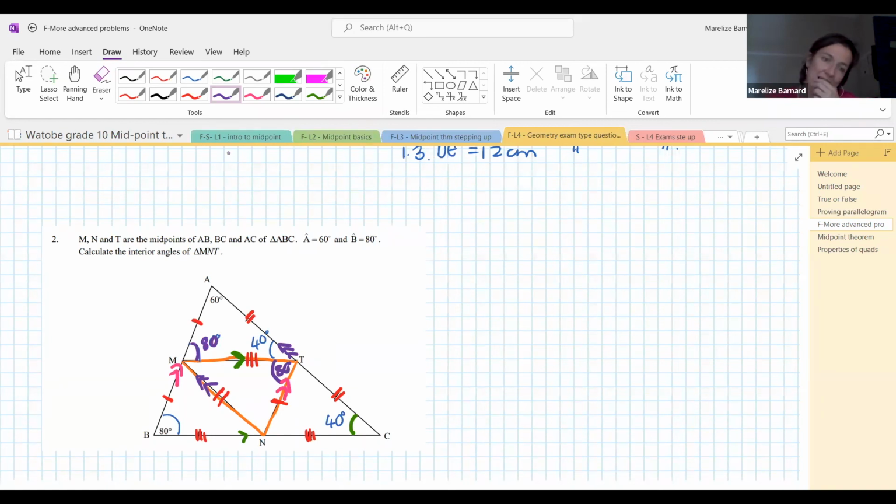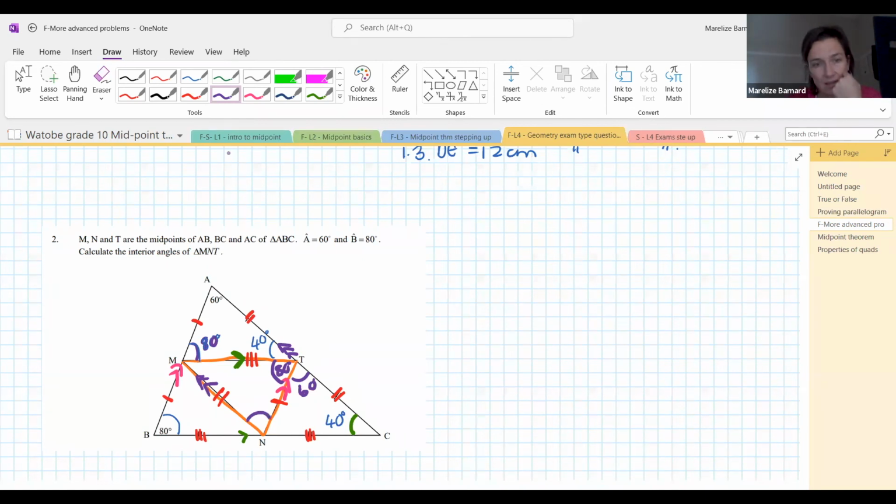Okay, and yeah, it's just going to be a matter of figuring out all these angles using your parallel lines. Okay, so then we can go straight line. I'm just filling things in as I see it. So 40 plus 80 is 120. So this is 60. And then can we do some more alternate anyway?